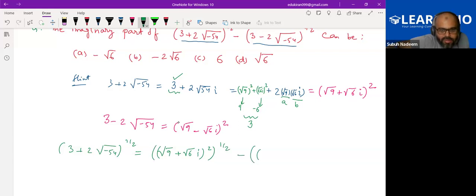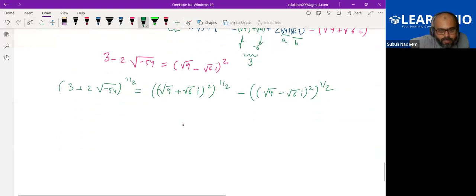And 3 minus 2 root over minus 54 will be root 9 minus root 6 iota whole square under root. This will become like this. So square and root will cancel. Here it will be plus minus both. But here, no, not both. It is only plus.